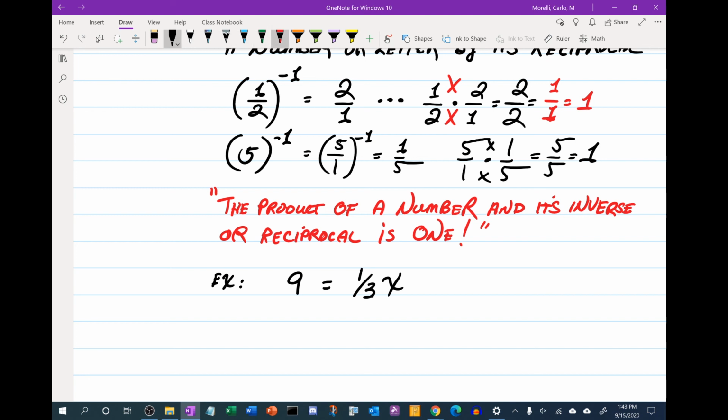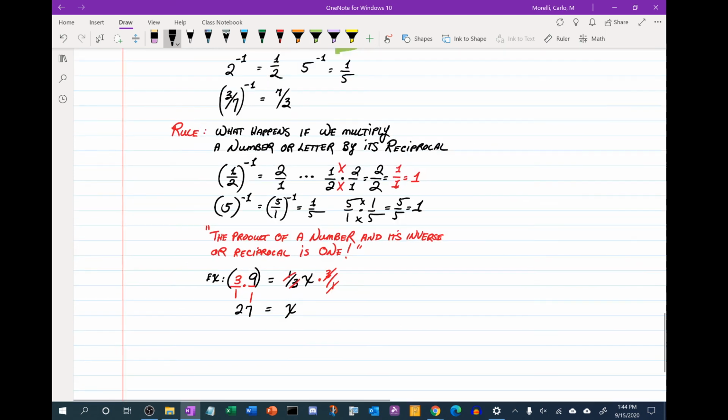What is the reciprocal of 1/3? So multiply by 3 over 1 on both sides. On the right side, these cancel out, and I've just got x. And on the left side, I just multiply 3 times 9. So what is x? 27.